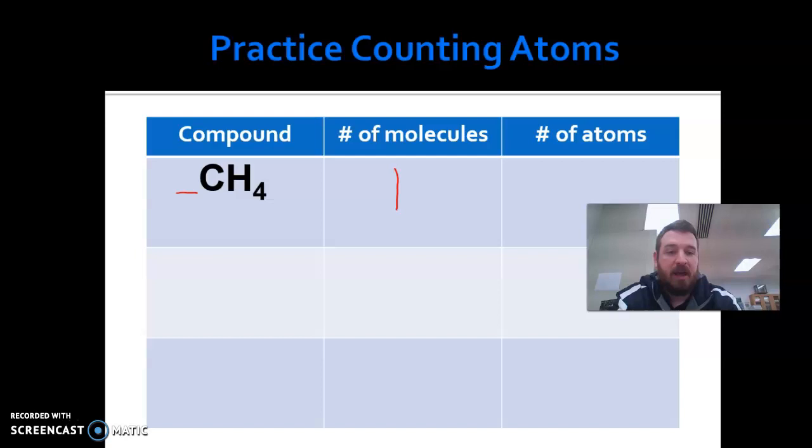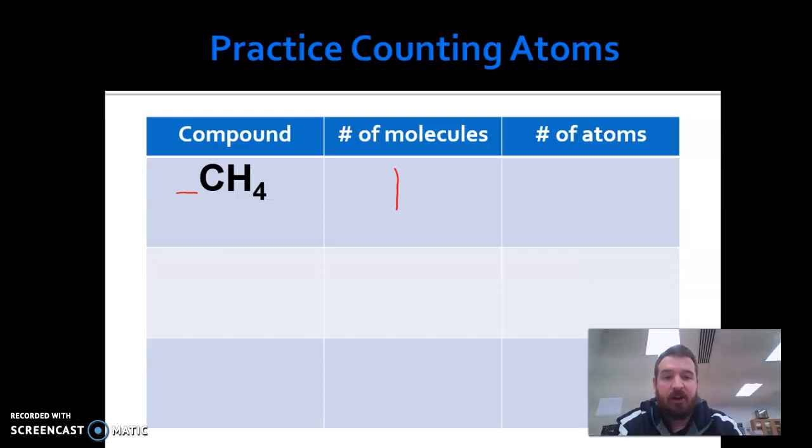Okay, now we're going to take a look at our atoms. Finding the amount of molecules for this one was easy. So when we're counting our atoms, we want to start with what elements or what different atoms do we see? Well, I see we have a C and an H. So we have C for carbon, and we have an H for hydrogen.